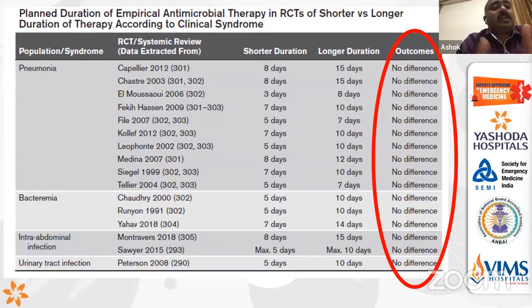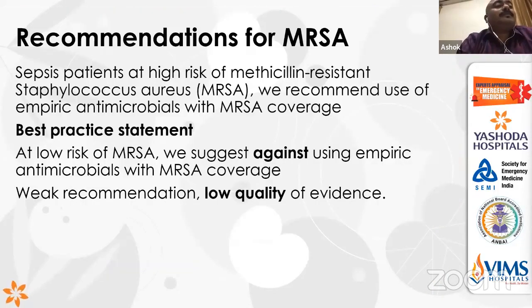Next slide. So putting everything into one single slide: when the patient goes into shock, the septic shock, the drug of choice is noradrenaline, the first line, and you target your blood pressure up to 65 millimeters of mercury mean arterial pressure.